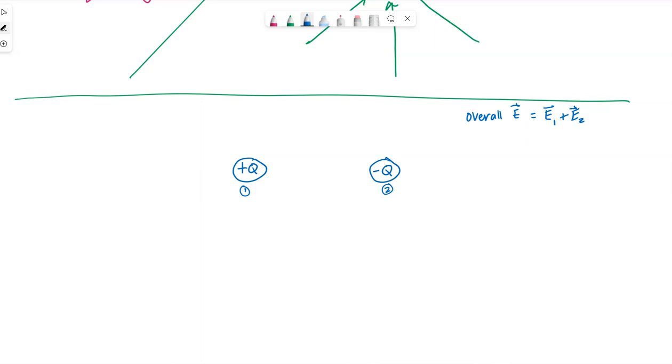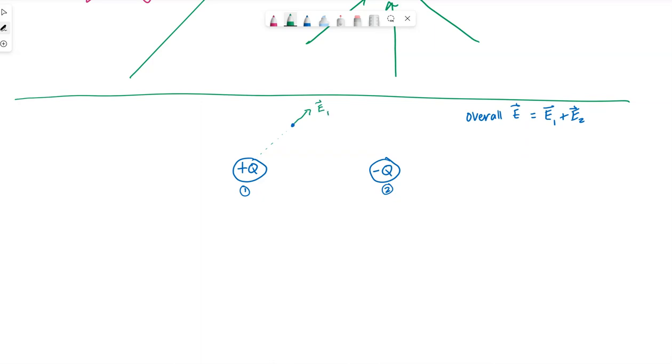Okay. When we want to talk about the electric field at some point in space, this point I've drawn does not represent a charge. It just represents a point in space. I know that this positive charge is creating electric field lines that point away from it.